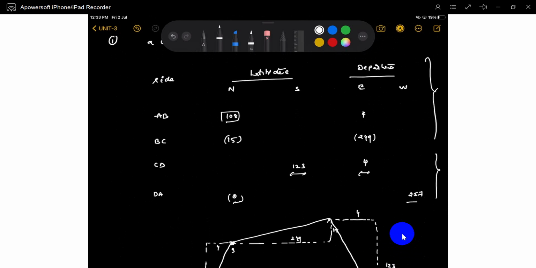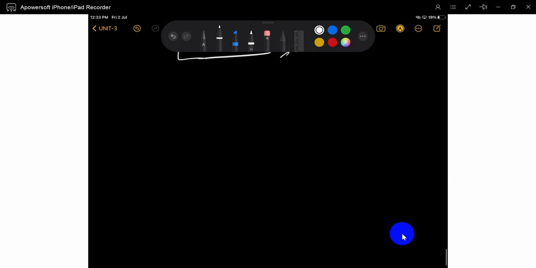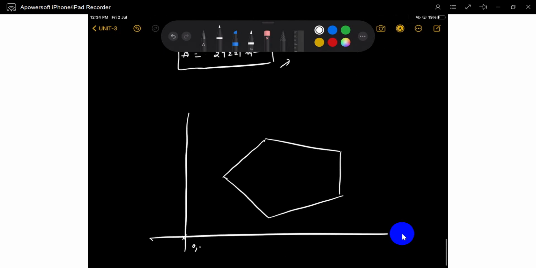If you know the coordinates of the points, it is also easy. You can do it by calculus. See this: there is a fixed reference, there is a 0,0.